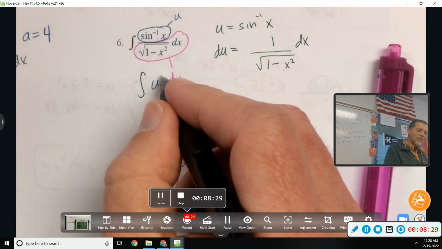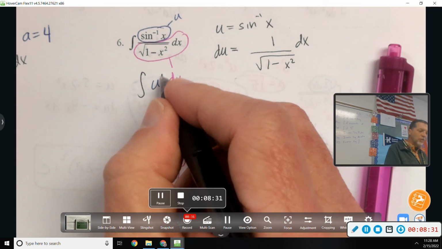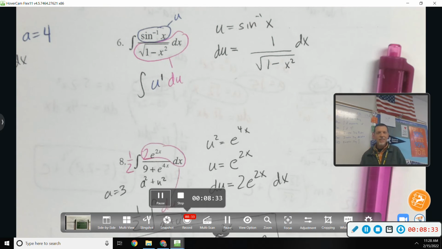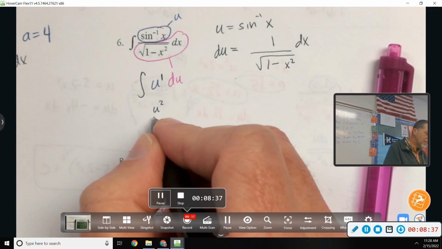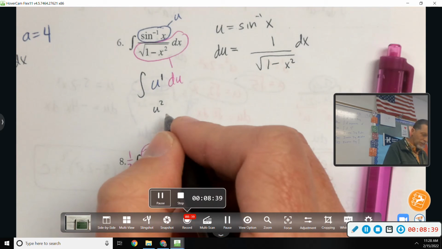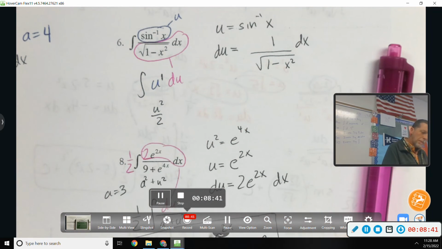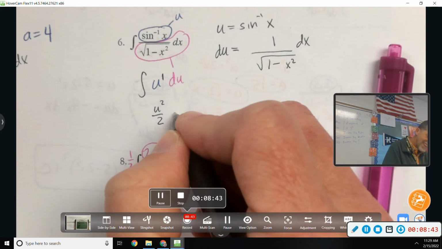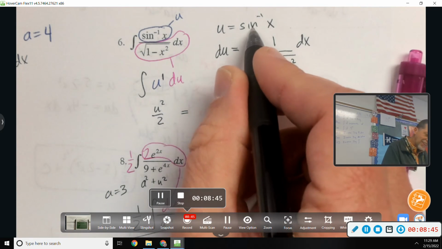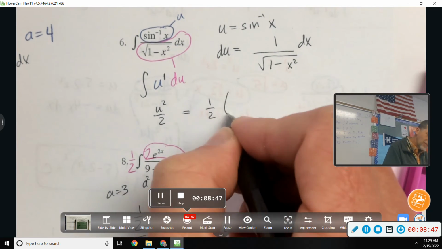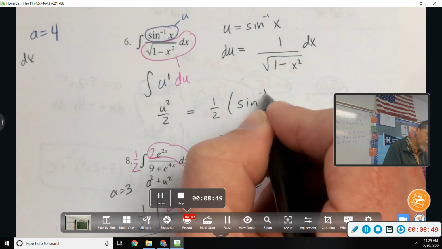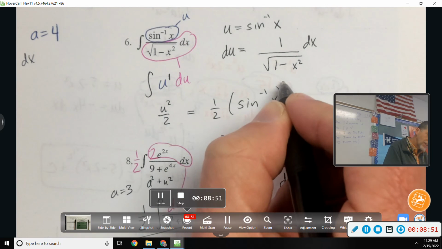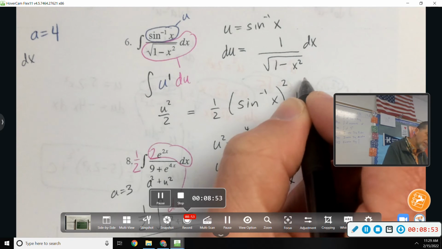No, this is the antiderivative of u to the first, maybe? Does that help? u squared over 2. And then let's put inverse sine back in for u and plus c on the end.